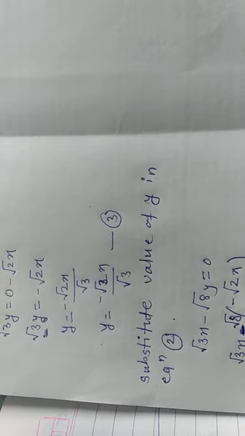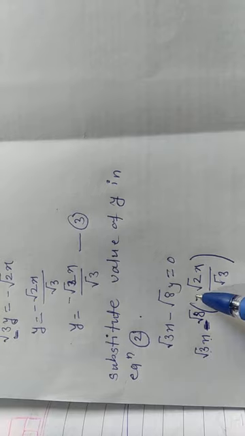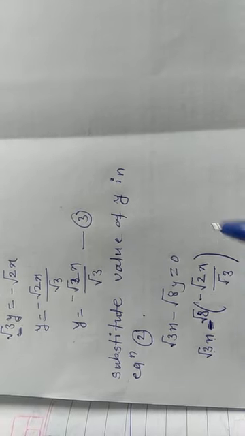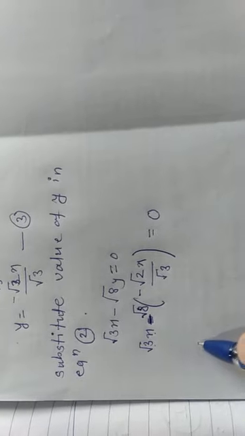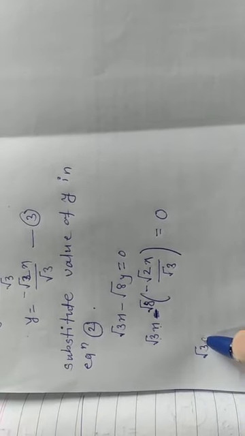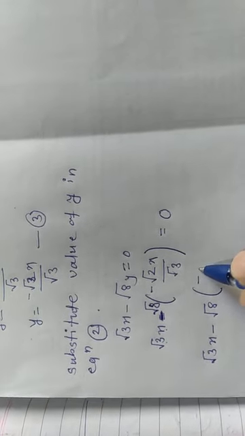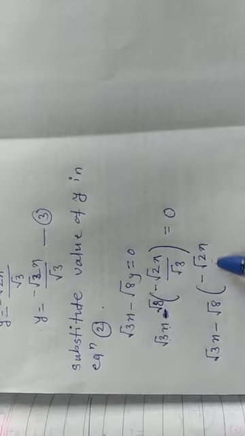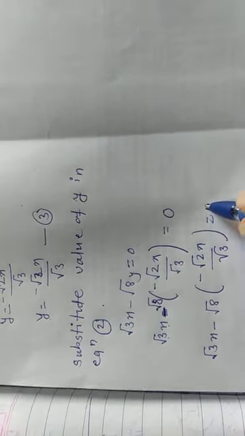So that is nothing but root 3x minus root 8 into minus root 2x upon root 3 is equal to 0. So what we get here now, I will write it properly. So that is root 3x minus root 8 into minus root 2x upon root 3 is equal to 0.